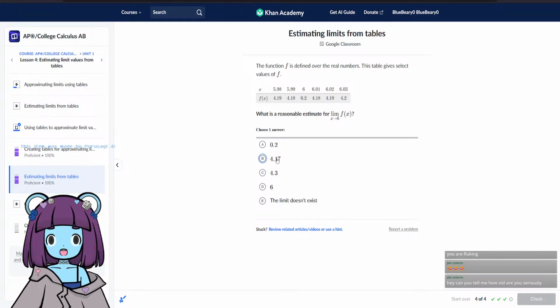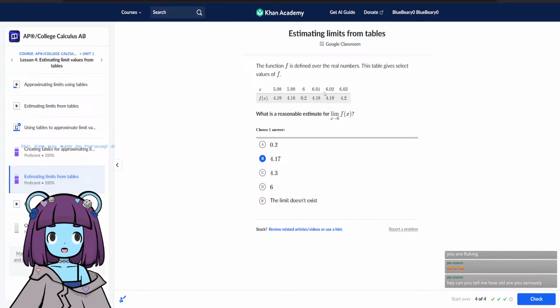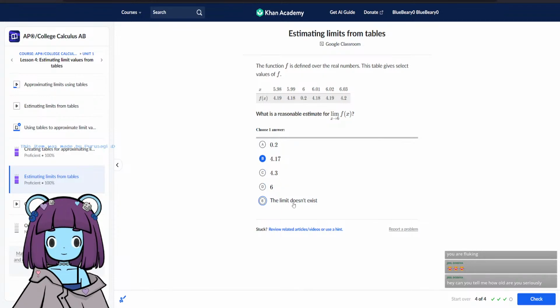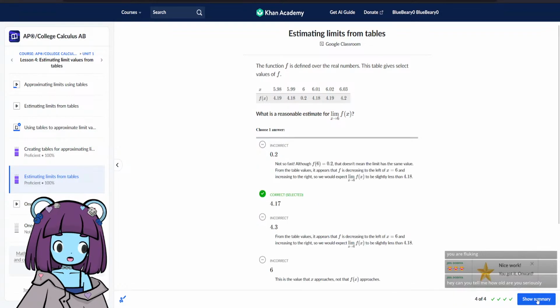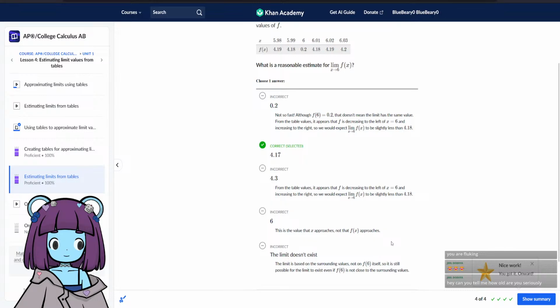Okay, this one's harder. I think it decreases then increases. These are too far away. Please be this one. Okay, I got it correct.